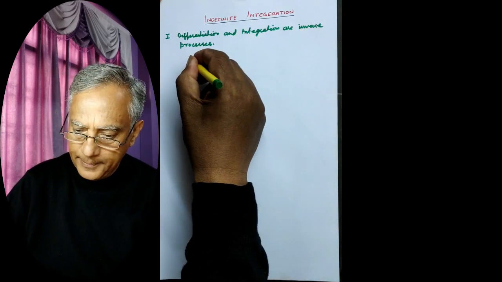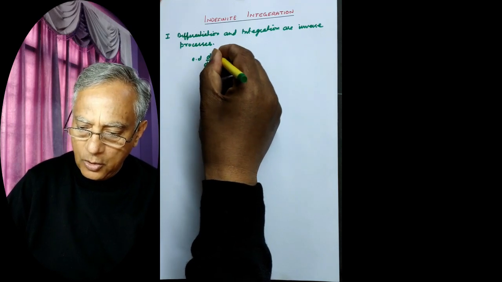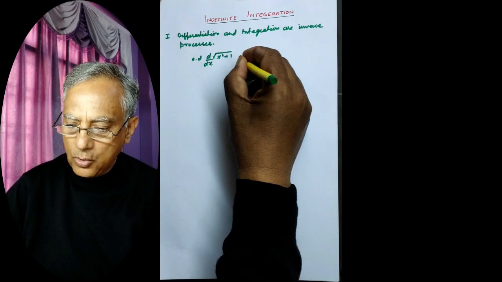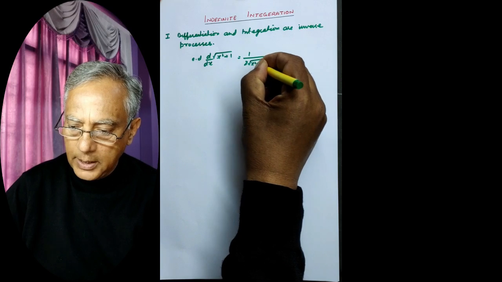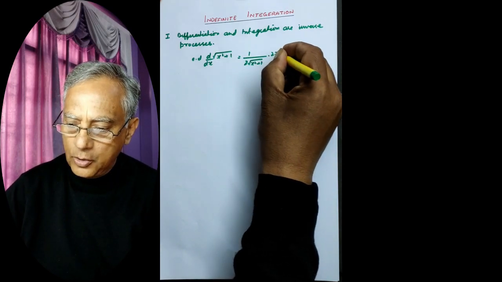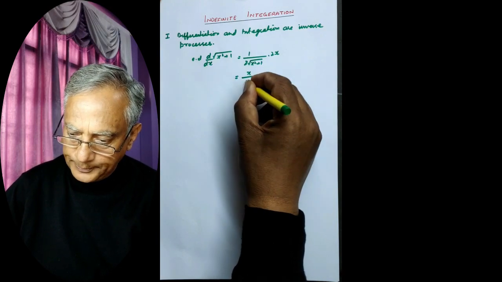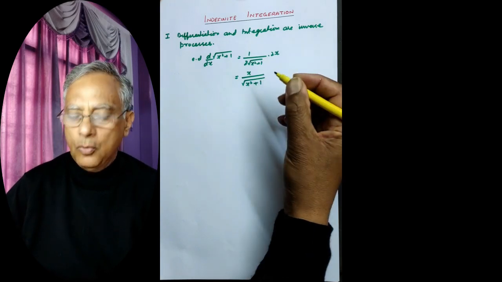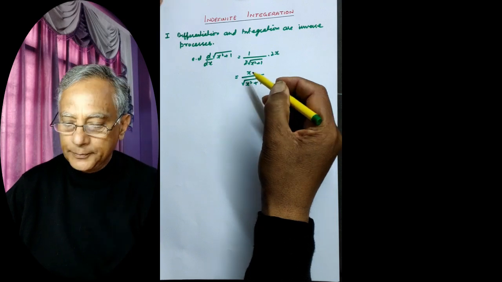For example, dy/dx of under root x square plus 1 will be equal to 1 by 2 under root x square plus 1 into differentiation of inner function, which is 2x. So this is equal to x over under root x square plus 1. So differentiation of this function is this.